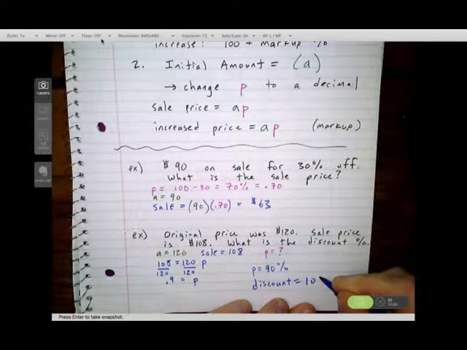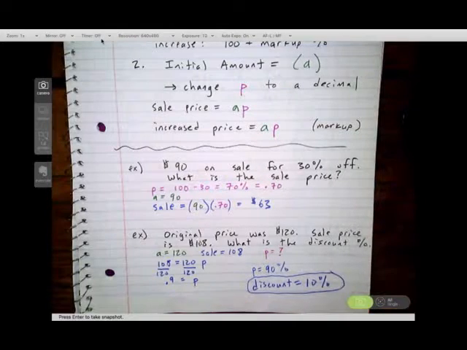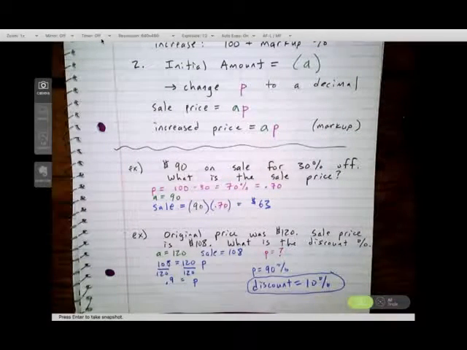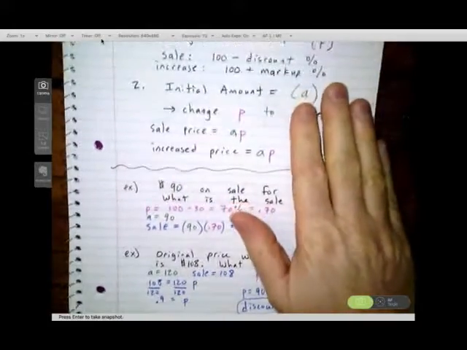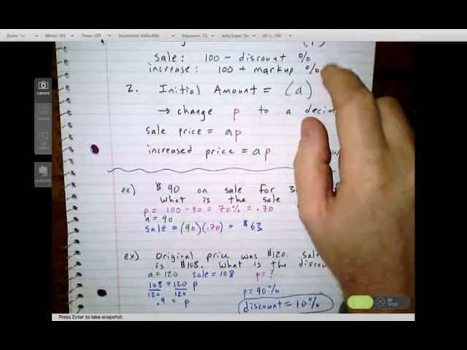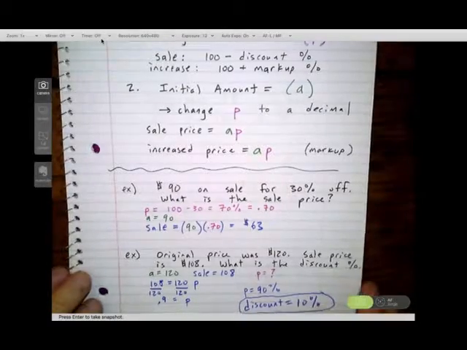So our discount is 10% off. So we're not looking for the P, we're looking for the discount. We have to find P first, and then use the relationship that we talked about up here, depending on if it's a sale or an increase, to find the discount or the markup. Okay, hope that's all right. Let's look at a couple more.